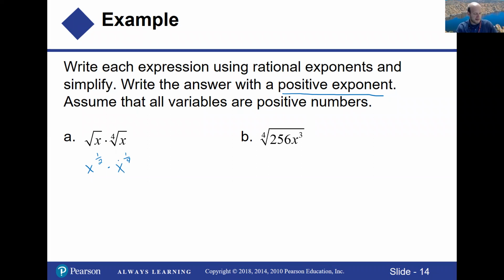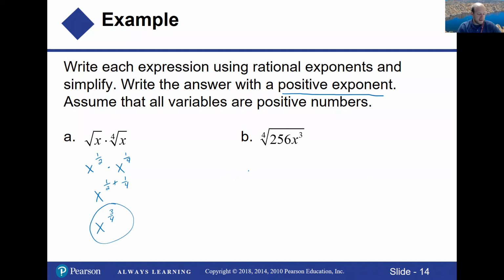I think that is rule number 1 that we talked about way earlier. Since I am multiplying with exponents that have the same base of x, I can keep the base and add the exponents. So I can add 1/2 plus 1/4, and that would give me 3/4.